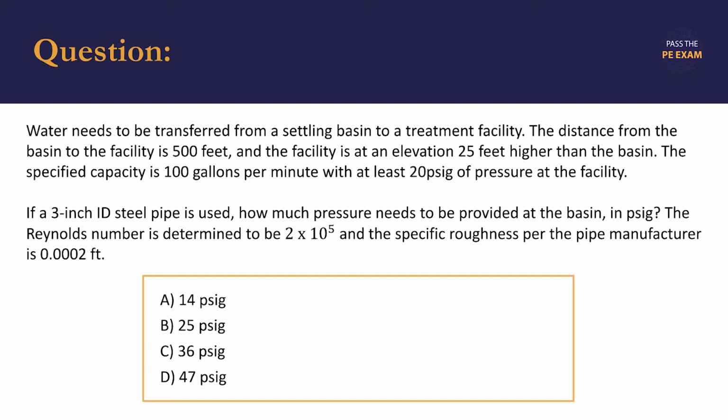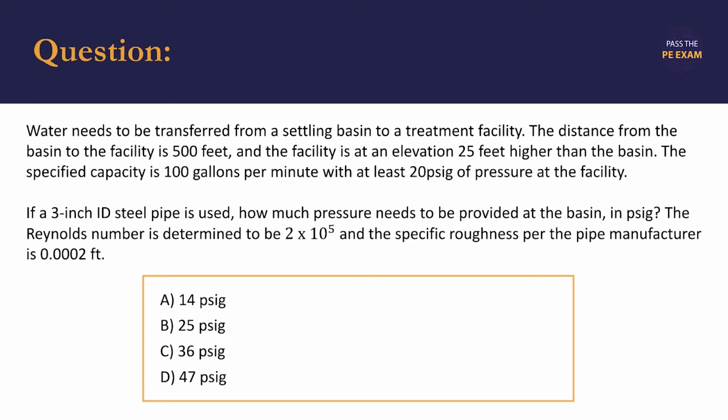We're then asked to choose which gauge pressure is closest to the required pressure to meet those specified requirements. A, 14 gauge psi, B, 25 gauge psi, C, 36 gauge psi, and D, 47 gauge psi.